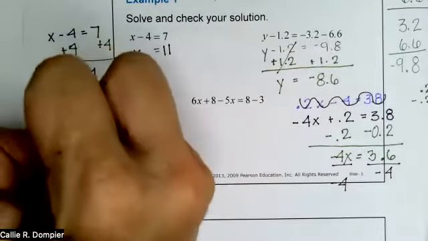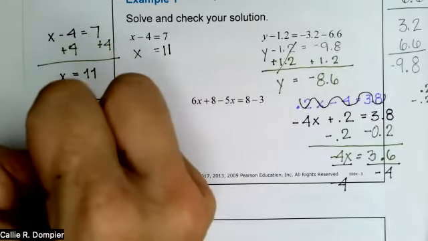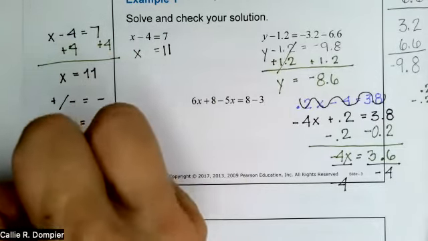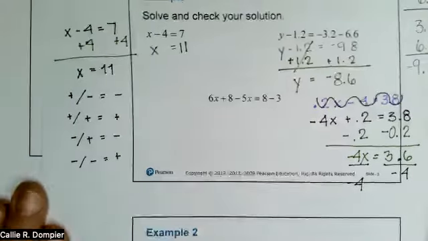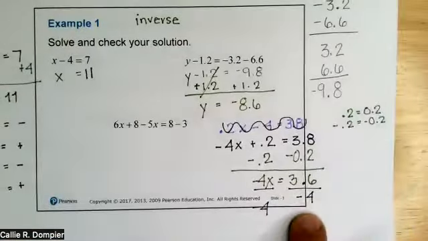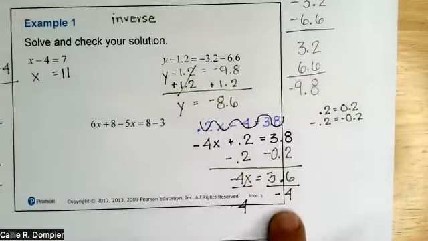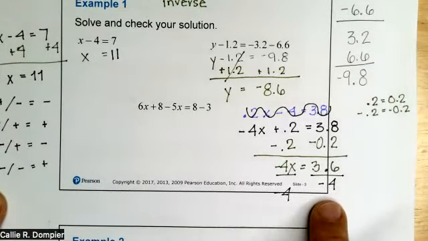A positive divided by a positive, my answer is always going to be positive. A negative divided by a positive, my answer is always going to be negative. A negative divided by a negative, my answer is always going to be positive. And same for multiplication, okay? So if your calculator doesn't have a negative sign for dividing, that's okay. You just have to know what sign to give it.